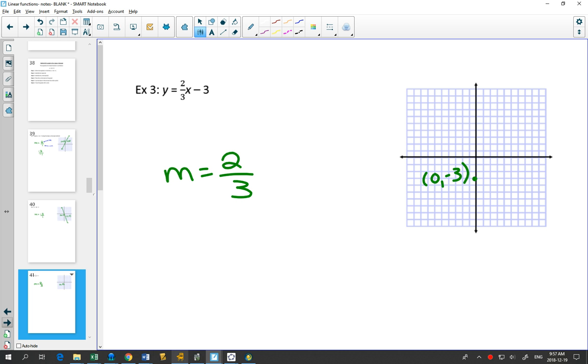So we can go up 2 over 3, which gets us to 3, -1. Up 2 over 3 again, and if you wanted to label another point, 6, 1. Draw a straight line through those points, put arrowheads on the end, and we're fine.